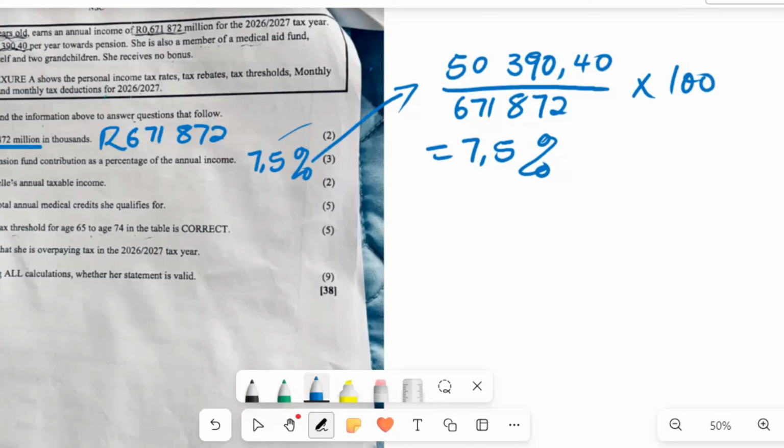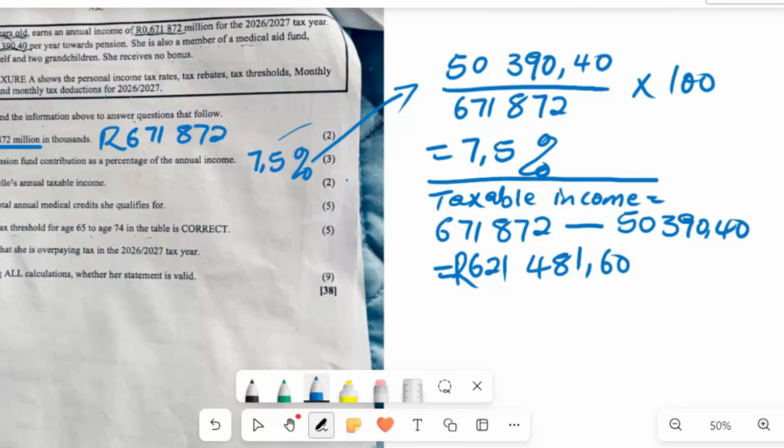So that means we take the full amount of 671,872 and subtract the tax. They deduct a tax from this amount. Perfect. So you can transfer this here.